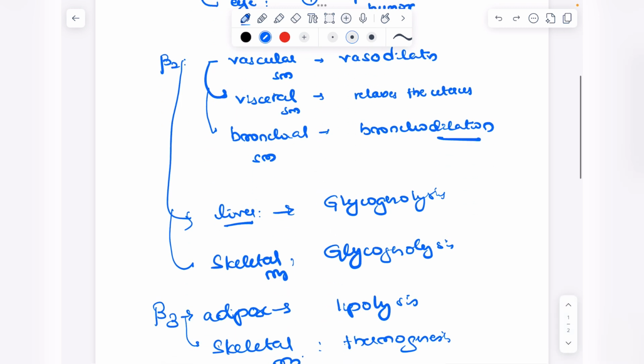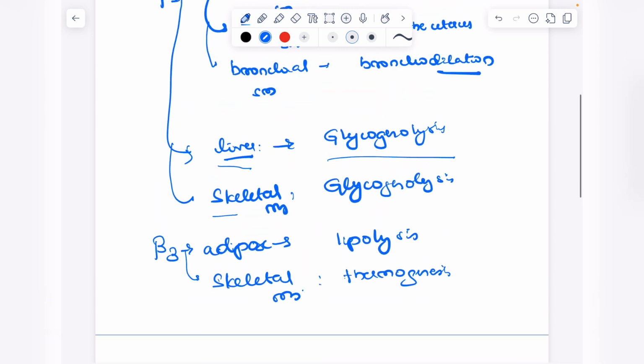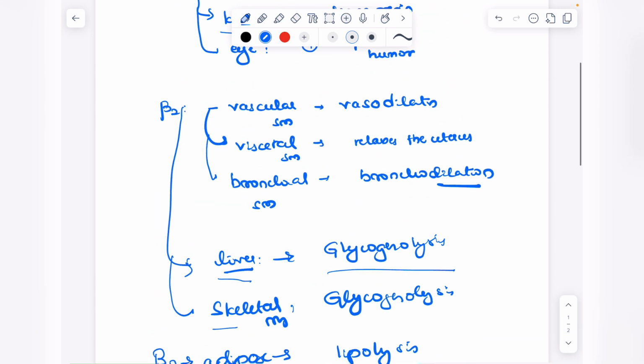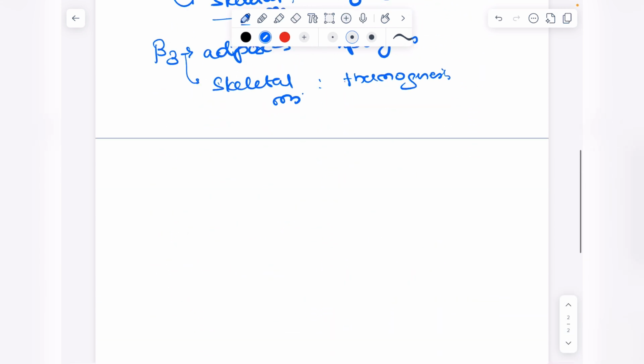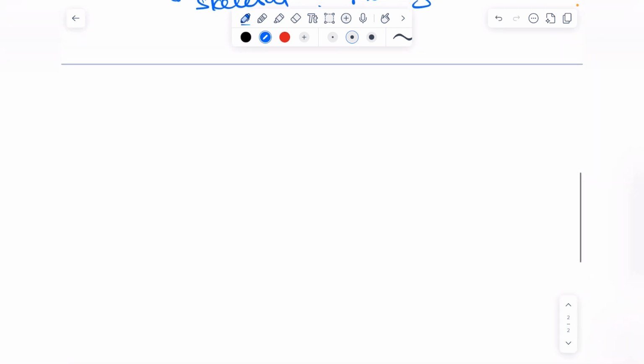If the beta 2 receptors present on the liver and skeletal muscles are blocked, they won't form glucose by glycogenolysis, so hypoglycemia may happen. Though uncommon, it can be expected in beta blocker toxicity. So this is about the basics of the beta receptors and their actions.